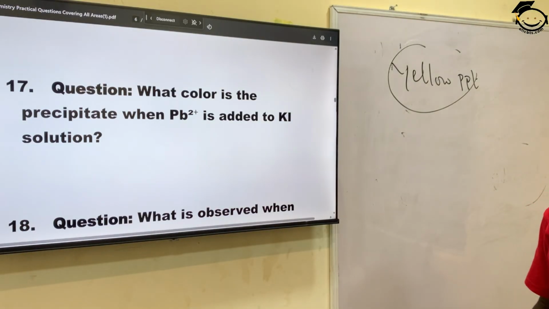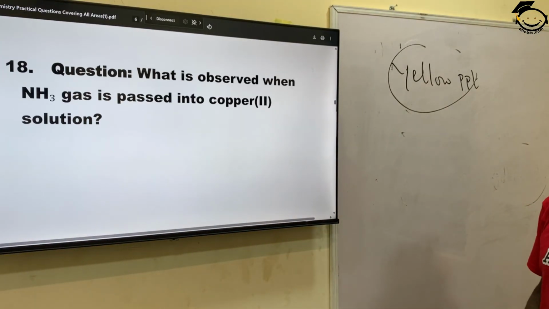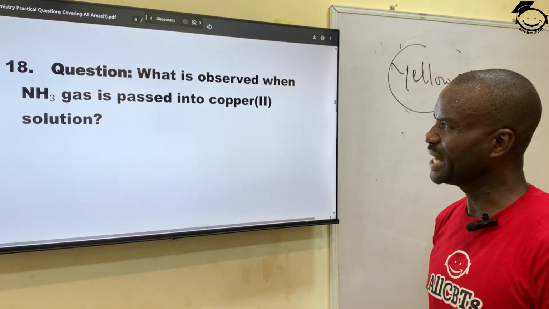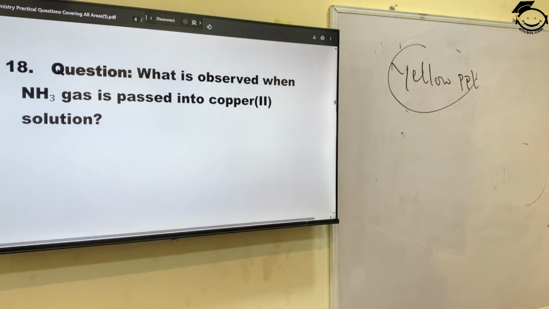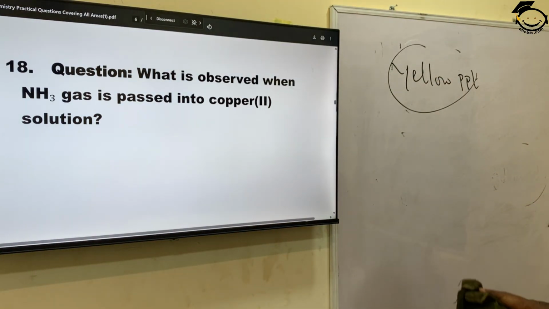Question 18 says, what is observed when ammonia gas is passed into copper II solution?